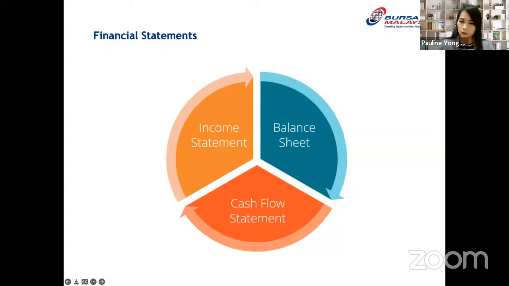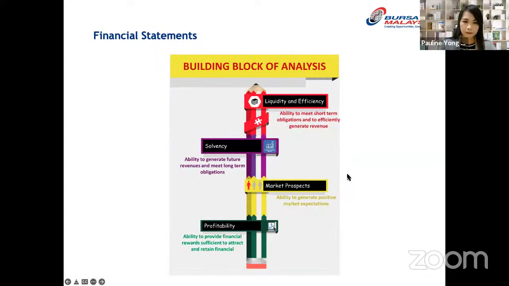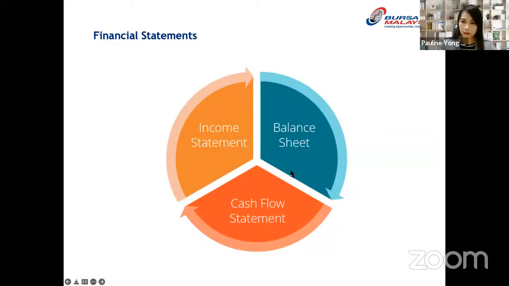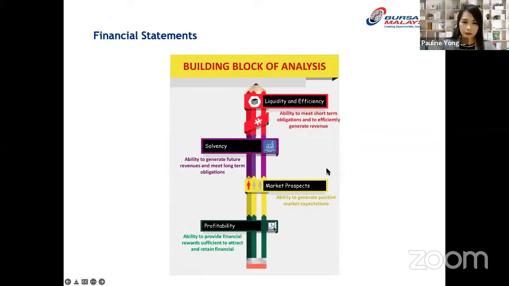So we'll see later. Okay, before that, let's talk about financial statements: the income statement, balance sheet, and cash flow statement. These are the three major financial statements, and I will explain them individually later.